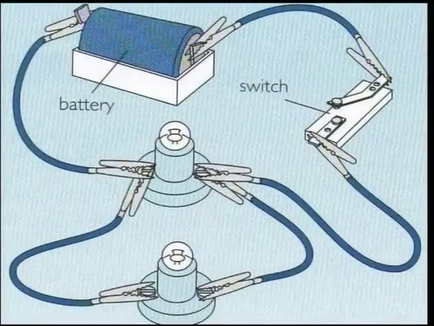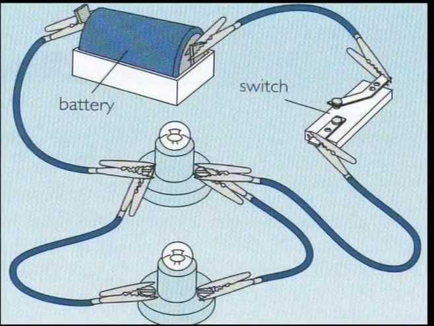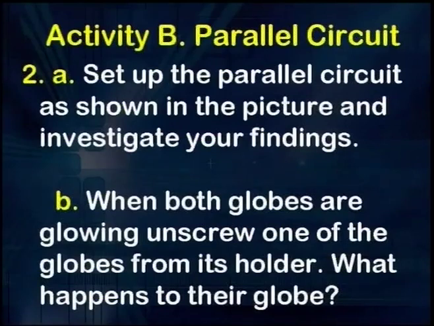Parallel circuit. You will set up a circuit like this. Your instructions: set up the parallel circuit as shown in the picture, and you are also going to investigate how it works.